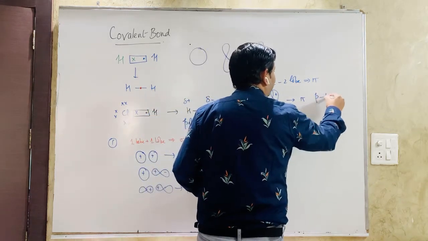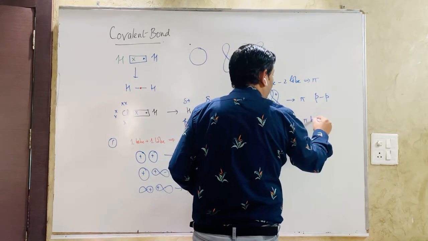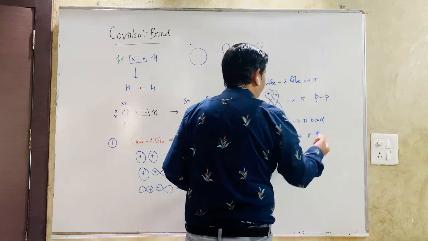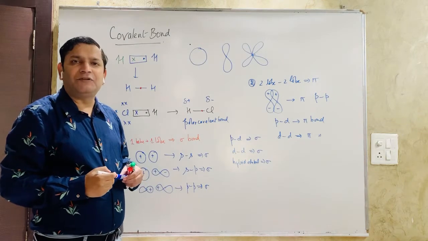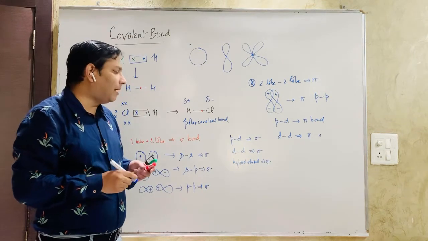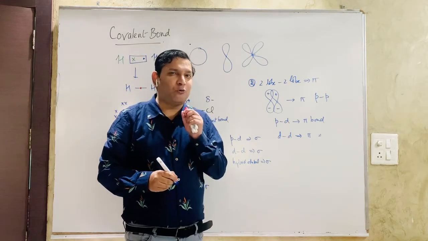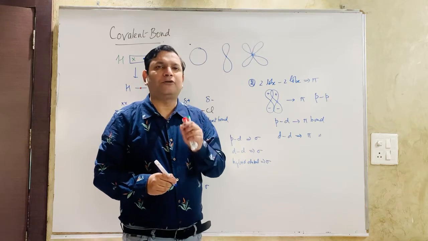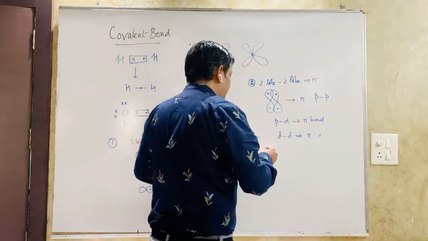So p orbital, p orbital; p and d can also lead to a pi bond; d and d can also lead to a pi bond. If two lobes interact with two lobes, they will form a pi bond. We also say that a lateral or sideways overlap of atomic orbitals leads to a pi bond.